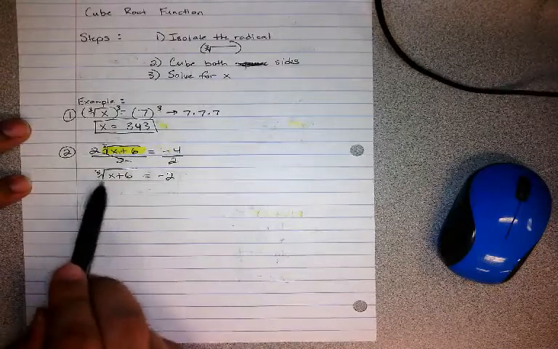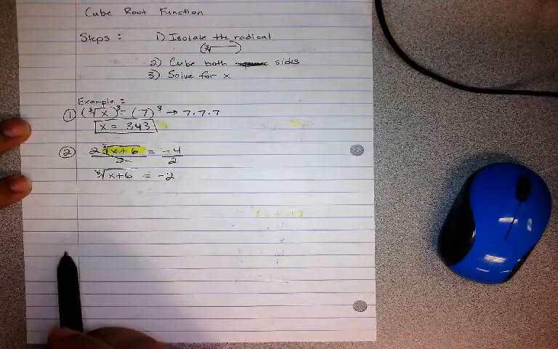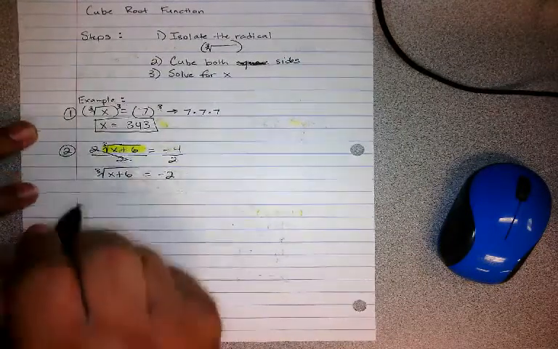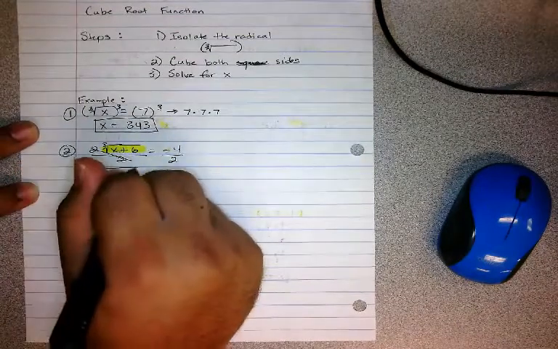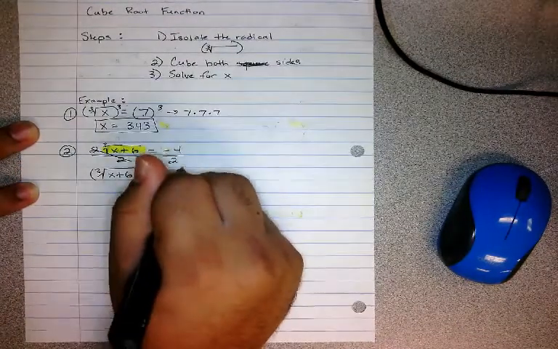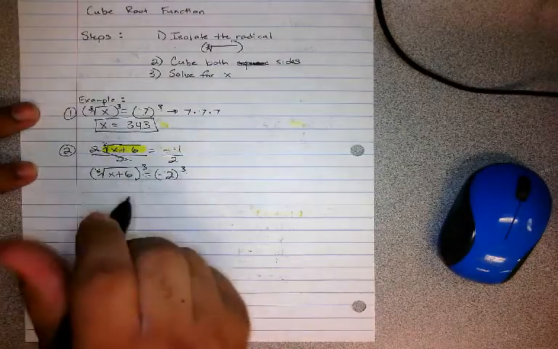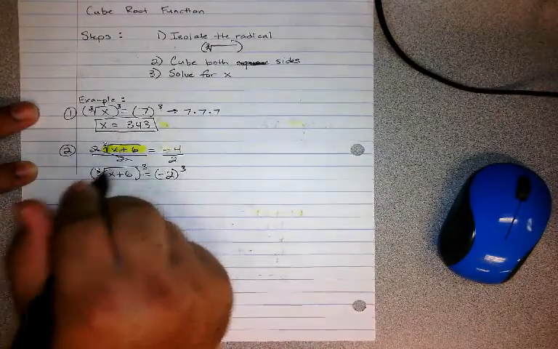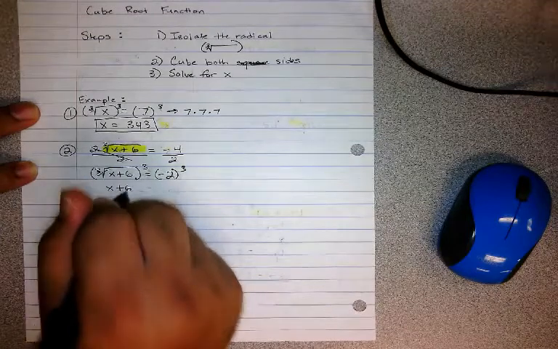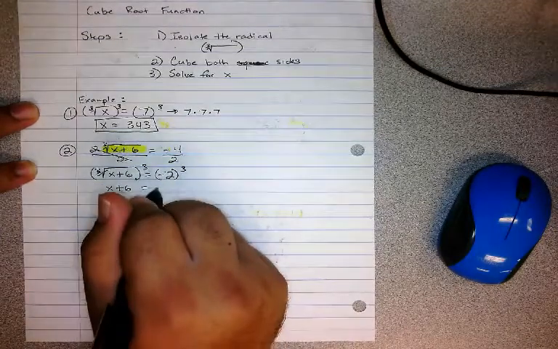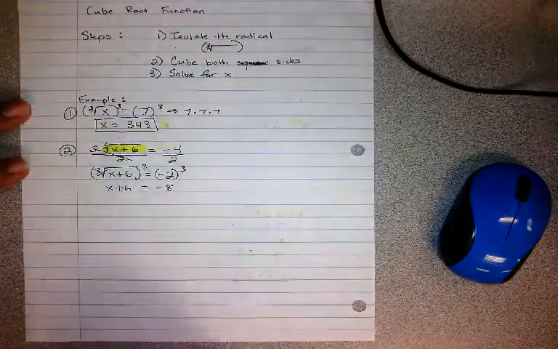Now that you have this by itself, you can cube it. So I'm going to cube it on both sides. That gets rid of the radical, so I'm left with x plus 6 equals -8.